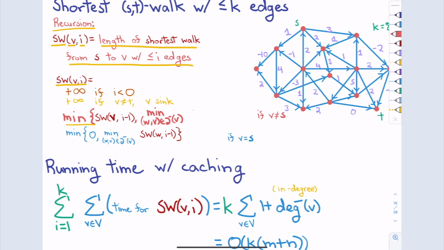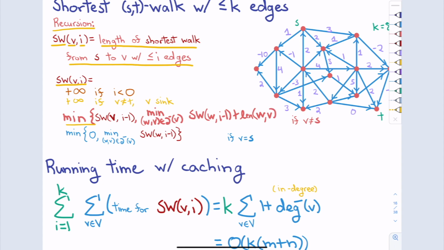The length of the shortest walk to w using i minus 1 edges plus the length of that edge from w to v.